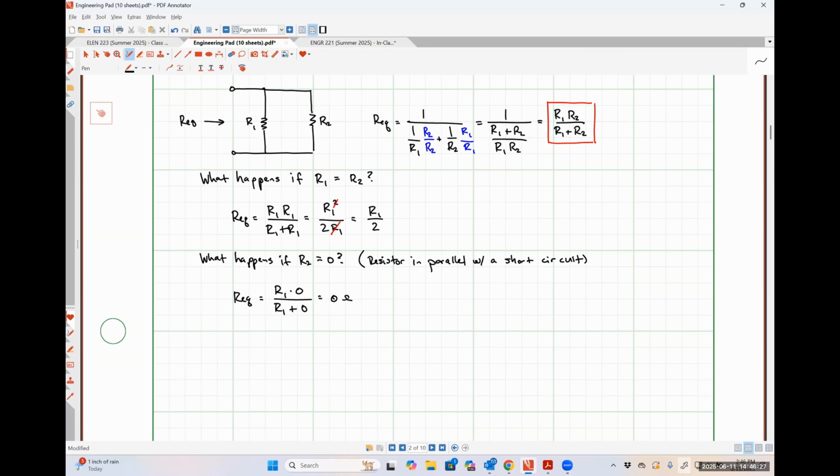And whenever we have a resistor in parallel with a short circuit, the voltage drop across that resistor must be 0 because the voltage drop across two things in parallel have to be the same thing.